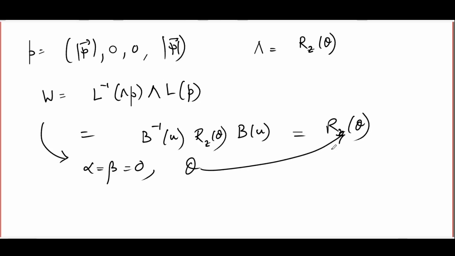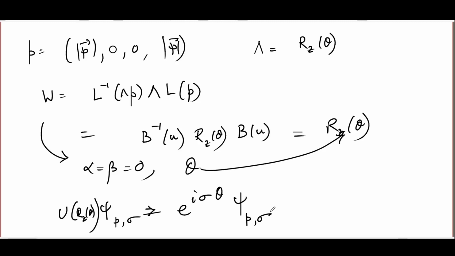So when you rotate your coordinate system through an angle theta, your wave function psi p sigma changes to, so U of this particular rotation Rz theta acting on psi p sigma is actually e to the i sigma theta times psi p sigma, because remember when you are rotating about the z-axis, the four-momentum does not change at all.